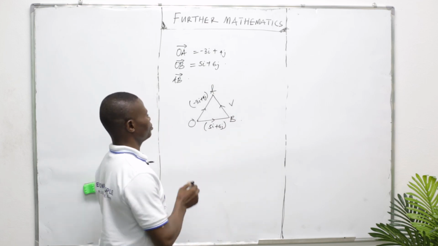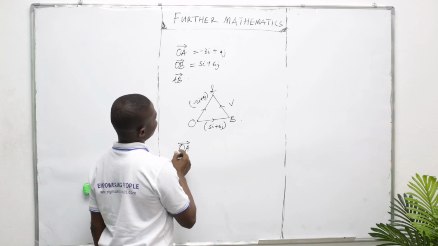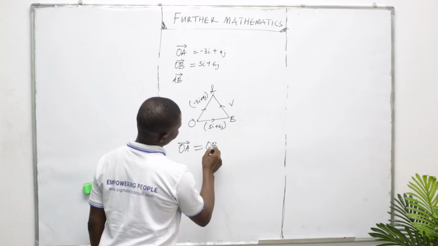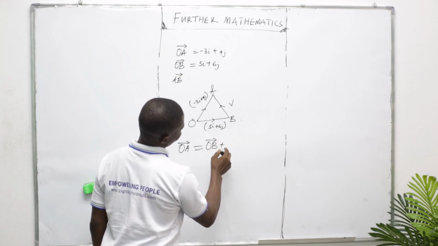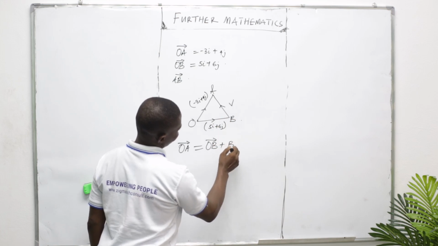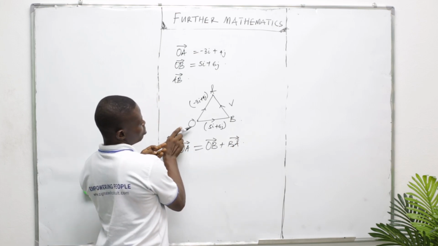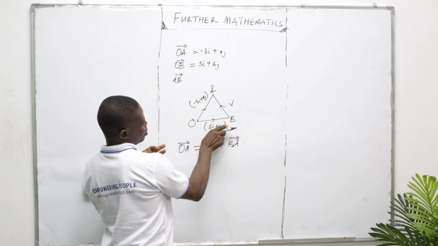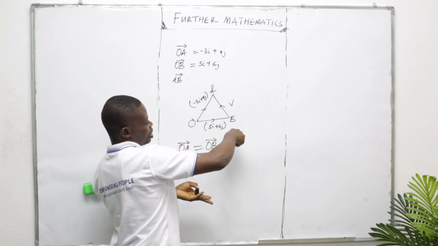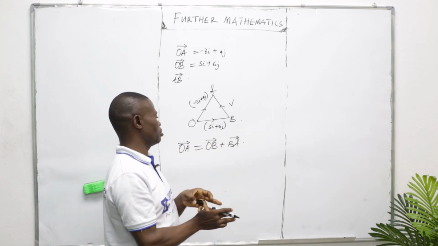AB. Recall that OA, the vector OA, that is this side, is always equal to this side plus this side, because I'm following the arrow. It's moving like this and like this. I can't say AB. If I say AB, meaning I have to change this sign which is plus to minus.